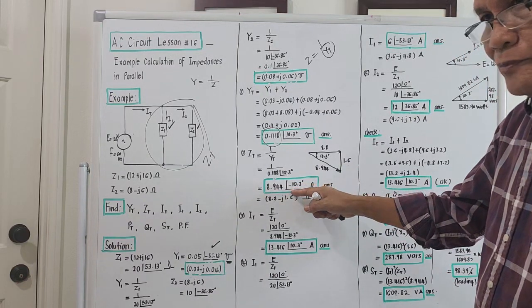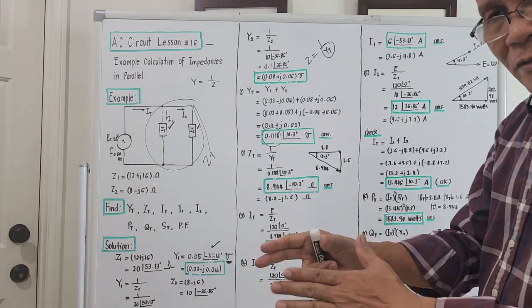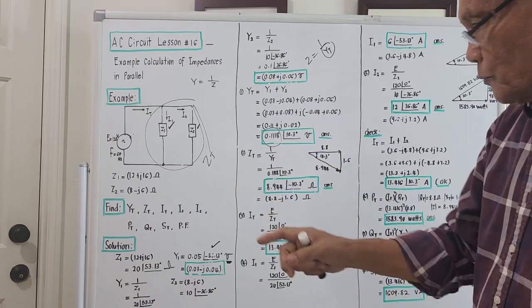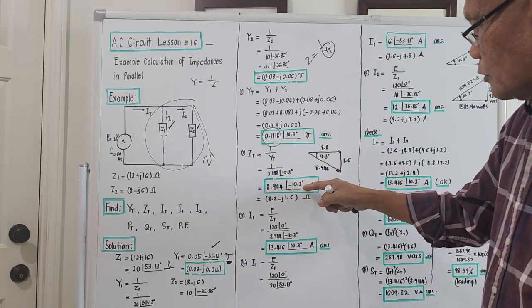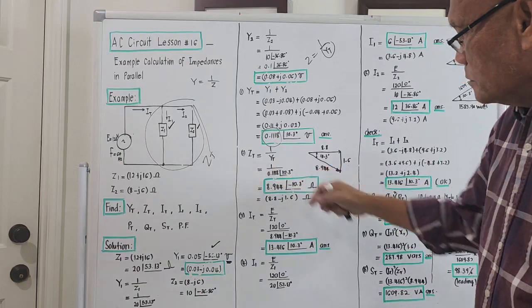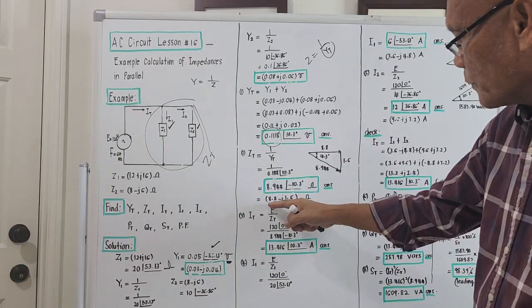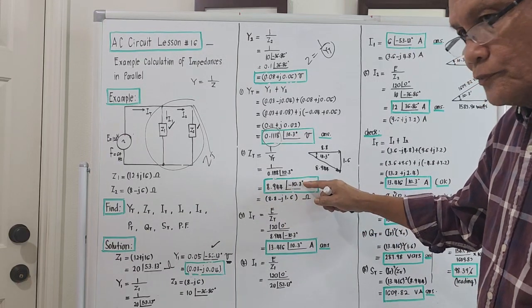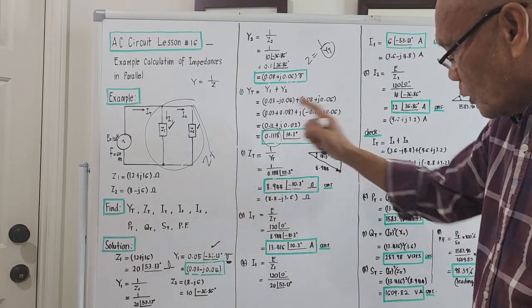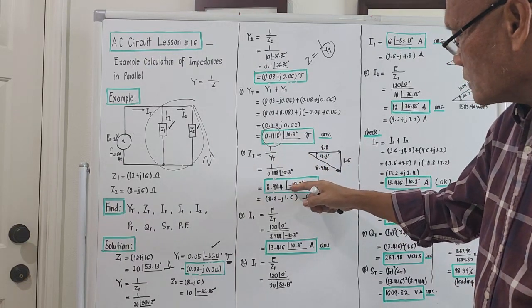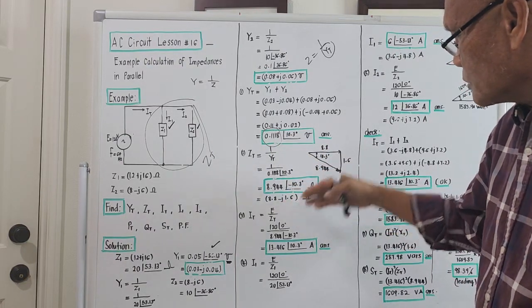The angle is negative, so the capacitive portion is actually more powerful than the inductive because this is negative. And converting this to rectangular, take the cosine of this, multiplied by 8.944, that will be 8.8. Take the sine of 10.3, you multiply that by 8.944, but it should be negative because the sine of negative 10.3 will be negative j1.6.